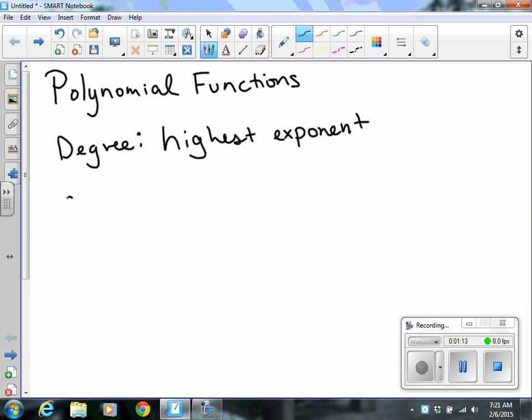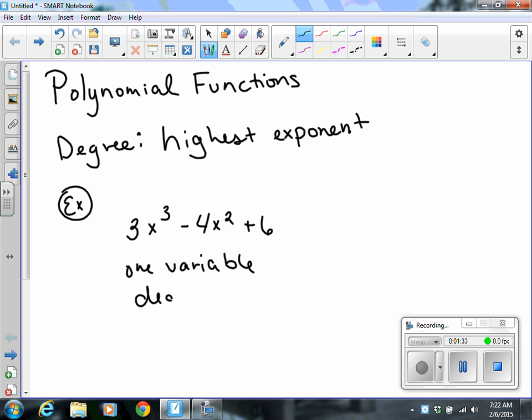So if I'm looking at, let's say, 3x cubed minus 4x squared plus 6, this is a one variable expression. There's only an x. And my degree is not the coefficient, it's the exponent. My degree is 3.